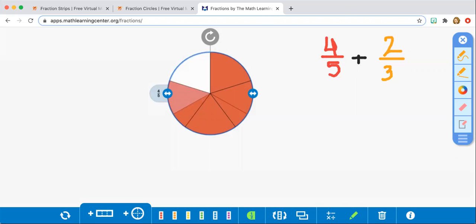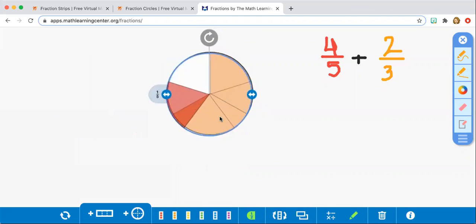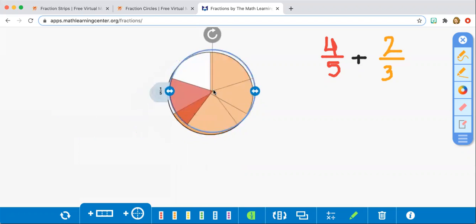Oops, sorry, I'm still in the annotate. So maybe you're like, wait, show that again. So let me show that again. If I just have that 1/5, so now you're not getting confused by the other thing. Look at how much space this 1/3, or the slice of the third, takes up of this fifth.